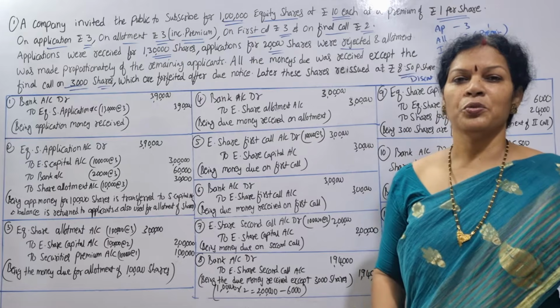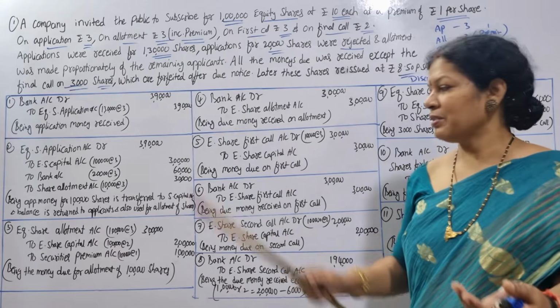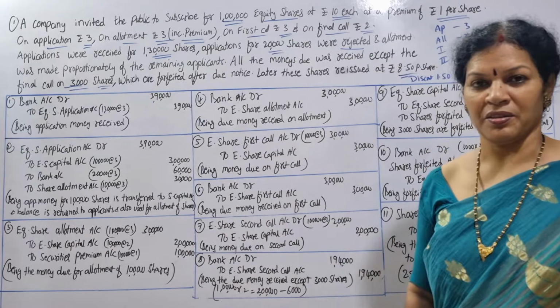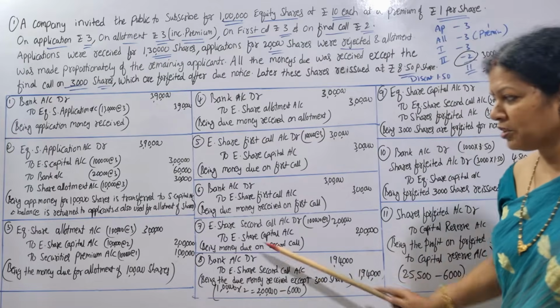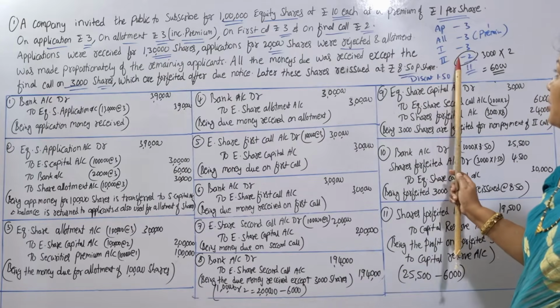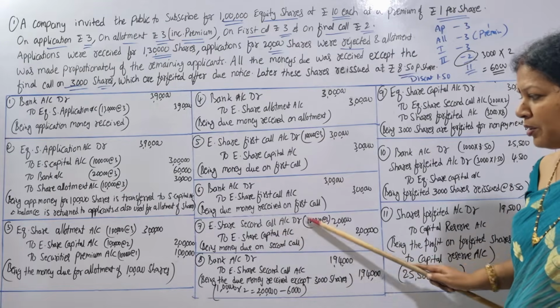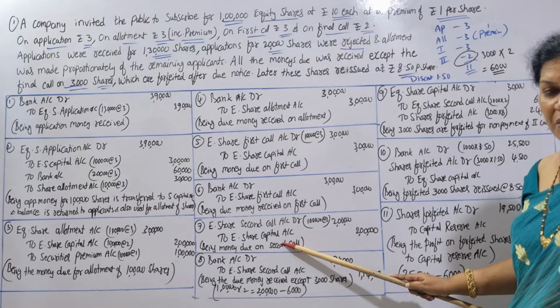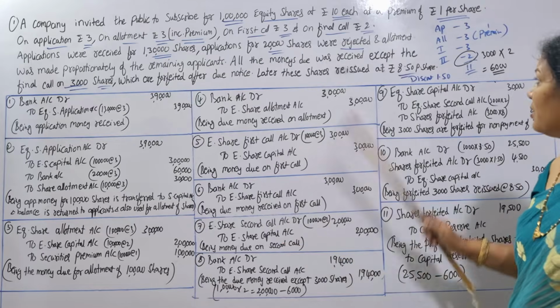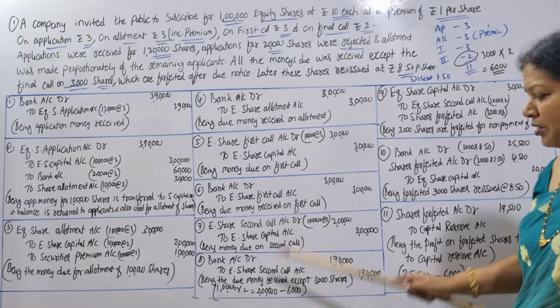Whenever a due is there, we write due and receiving like this. The last entry, the due entry, is equity share second call account debited to equity share capital account. Was everything received? No, a few amount, that is 6,000, is not received.